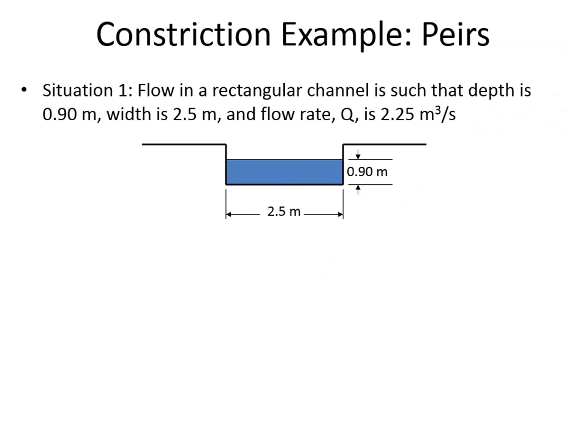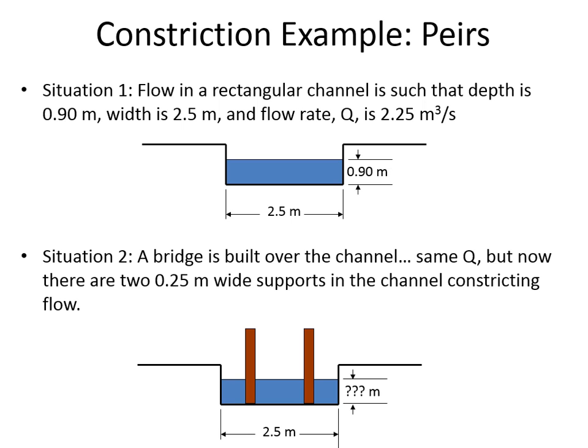And so let's just take this same 2.5 meter wide channel that we looked at earlier today, where we had 2.25 cubic meters per second of flow, and the flow depth was 0.9 meters. But what now if we put in a couple of piers?